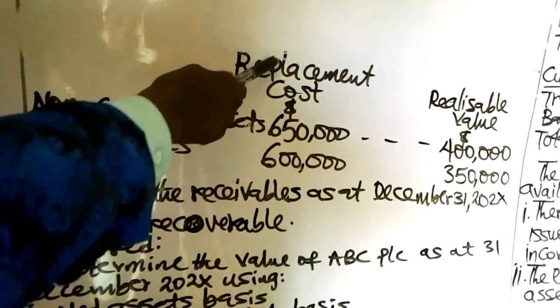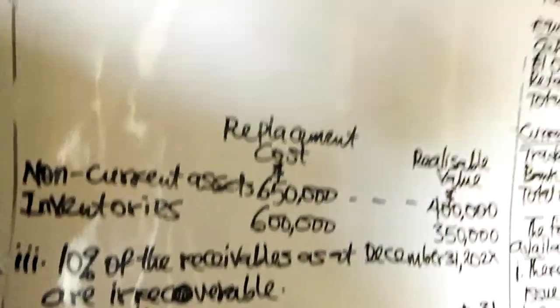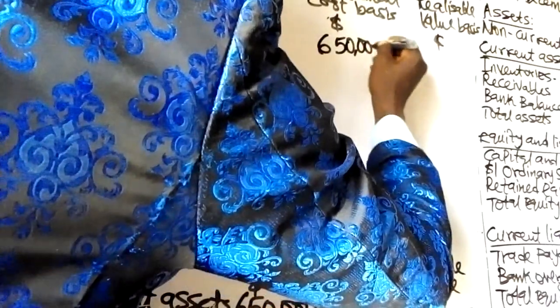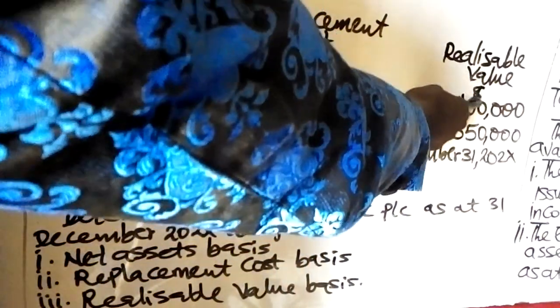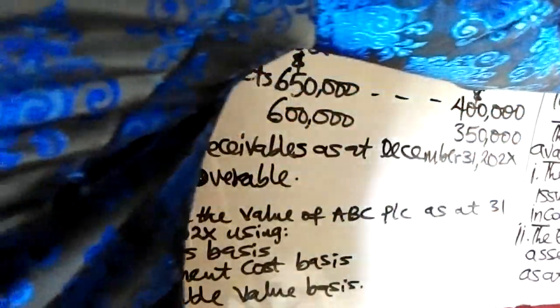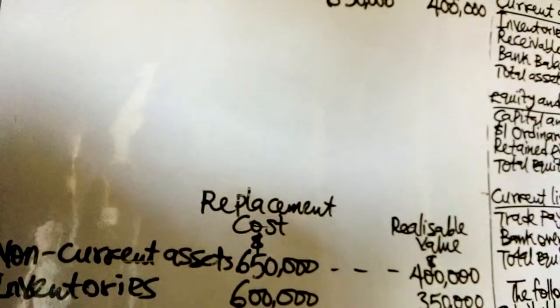Non-current assets replacement cost is 650,000. You put that 650,000 under the replacement cost. Then the realizable value of non-current assets is 400,000. You put that under the realizable value. 400,000.